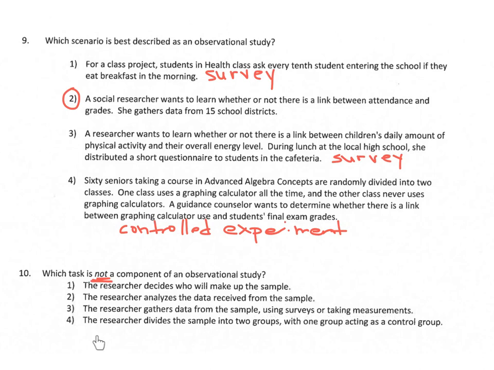And then choice 4, the researcher divides the sample into 2 groups, with one group acting as a control group. No, that is not a component of an observational study. That's a component of an experiment. Okay, so I'm just going to put that. This is a component of an experiment.